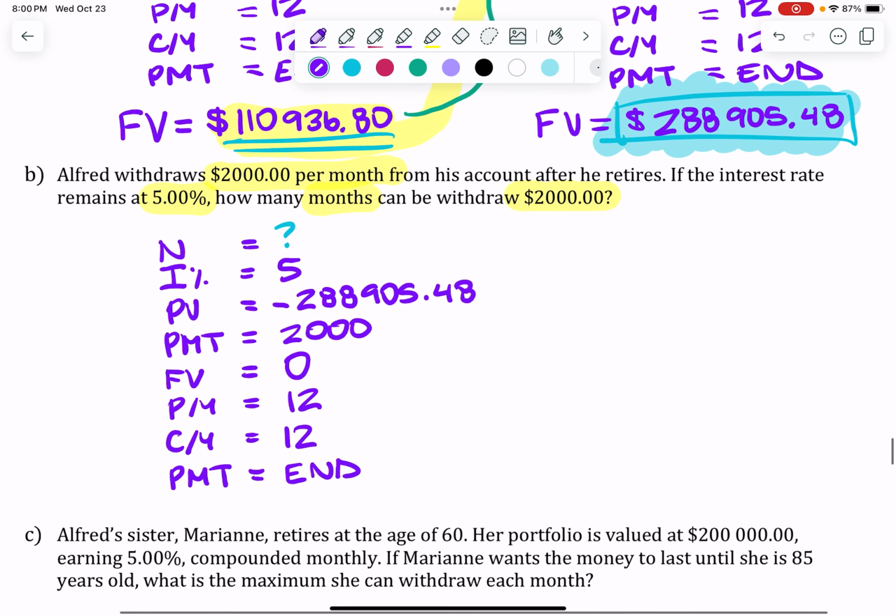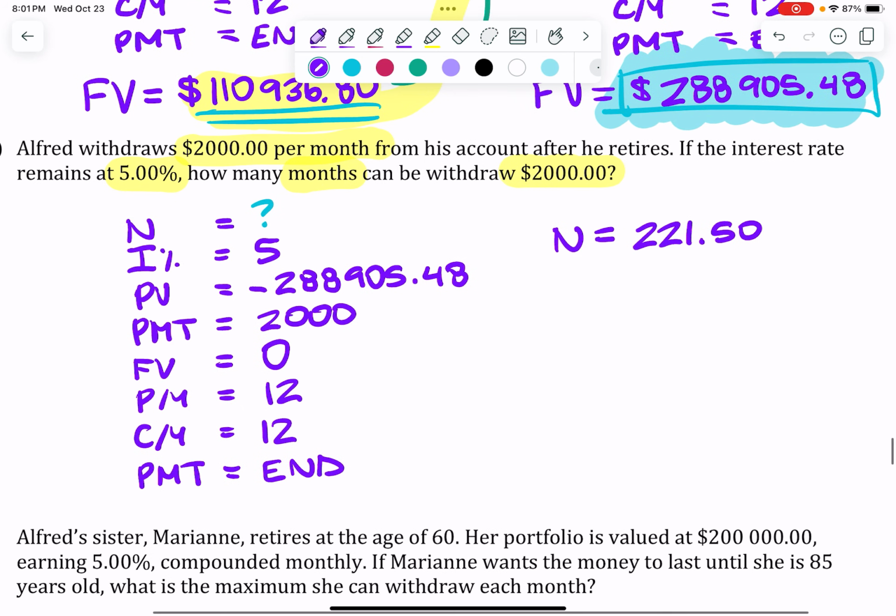So if it does not say that, that is information that we can fill in based on the logical context of what happens when you withdraw money and when you would be forced to stop. Now when I plug this in, I get N is 221.50. There might be decimals that follow, but that's okay. Why am I saying that's okay?